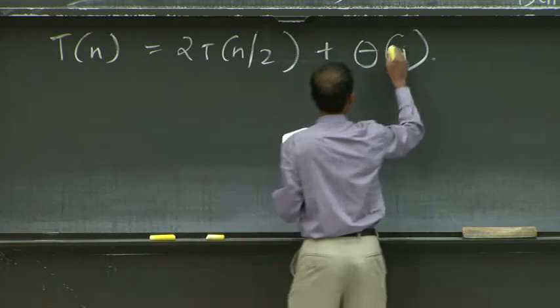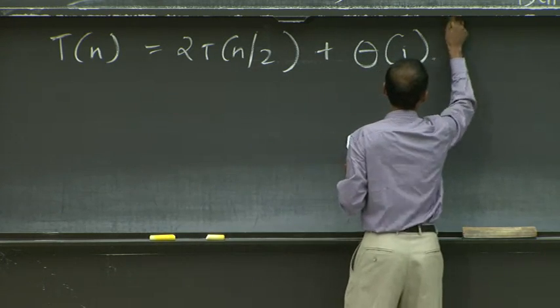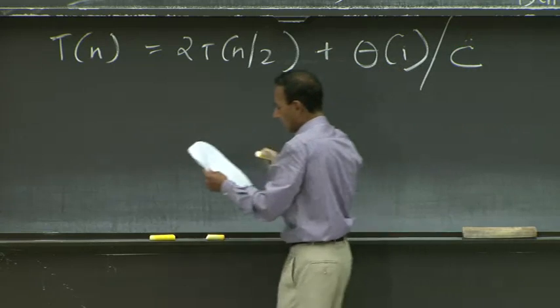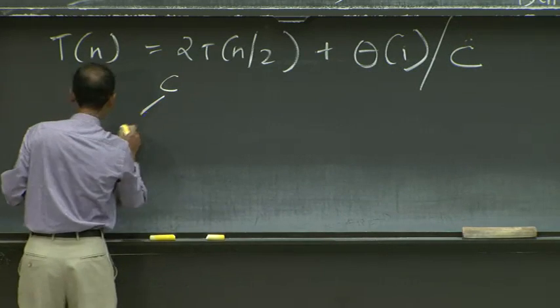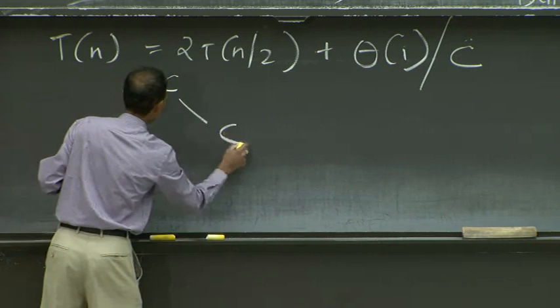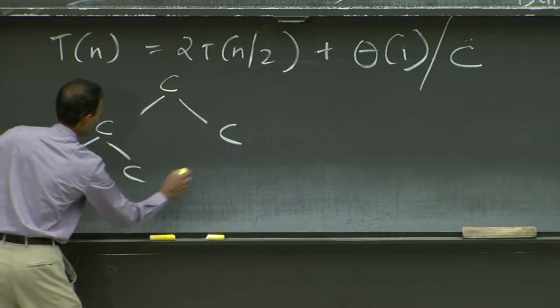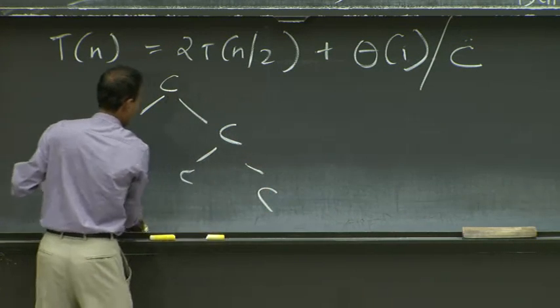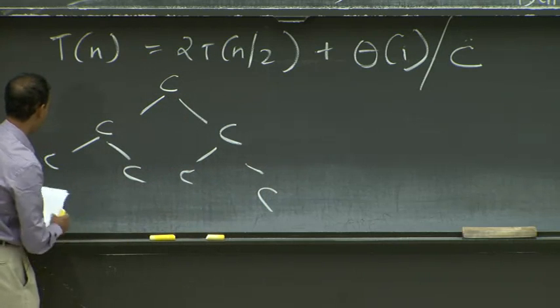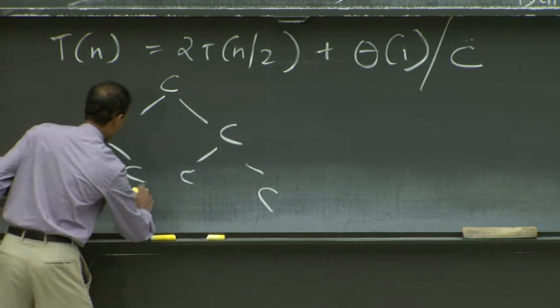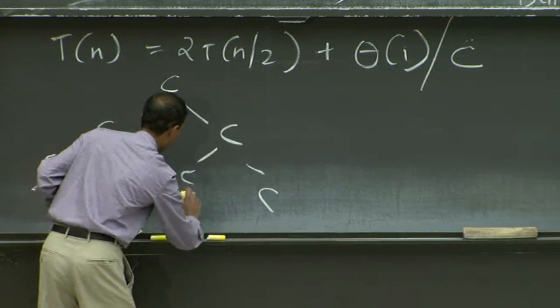And I can think of this as being theta 1, or I can think of this as being just a constant c. I'll stick with that. So I have c, c, c, and whoa, I tried to move that up, that doesn't work. So I have n leaves as before.